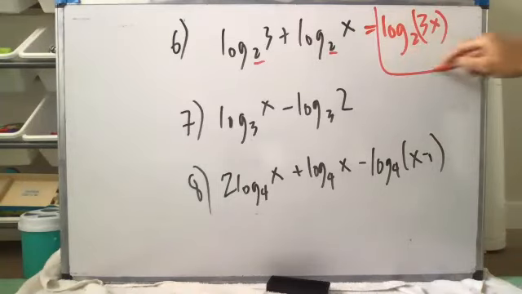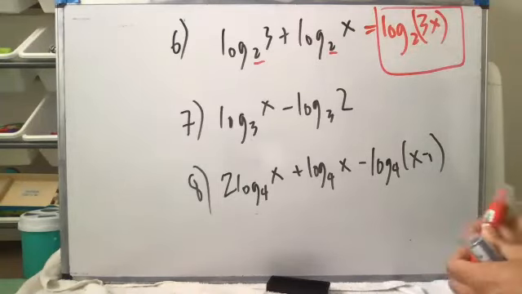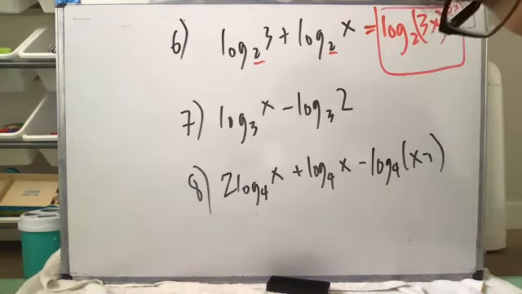That's it. Is that okay with you guys? This is using the first property we just talked about, property 1, just going in the backwards direction.